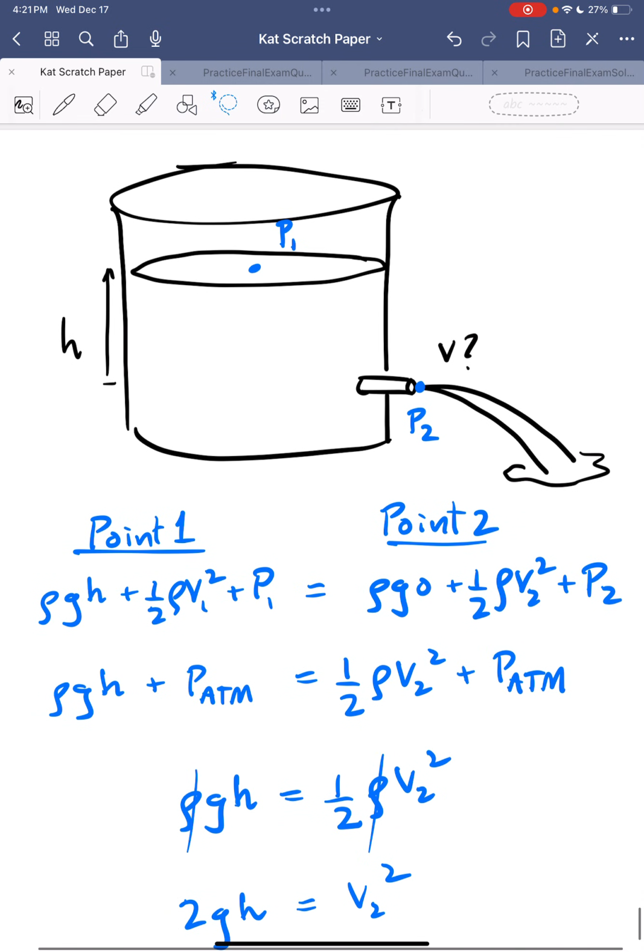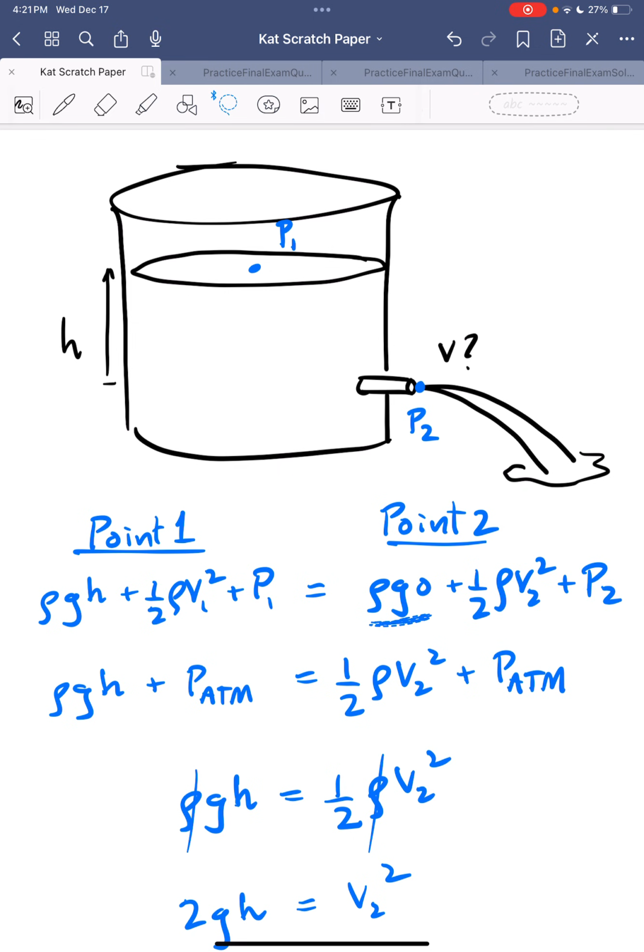What we have is, as I said, atmospheric pressure at point 1 up at the top. There's also atmospheric pressure at point 2 at the nozzle where it comes out. These will cancel. And here we have the gravitational potential energy, rho gh. Here, the gravitational potential energy is 0 because there's no height to that point.